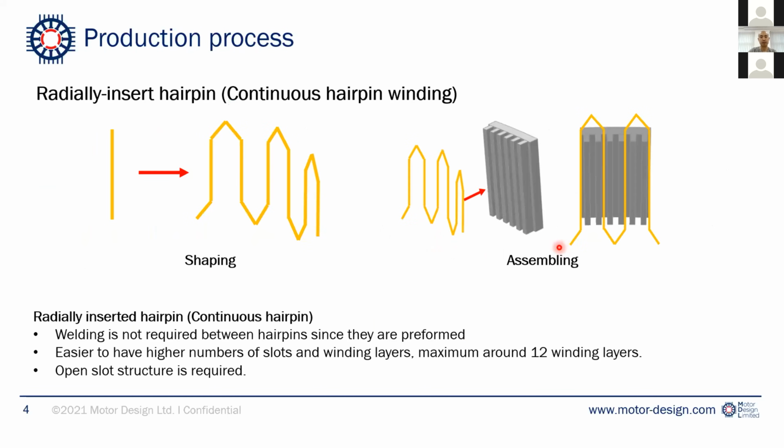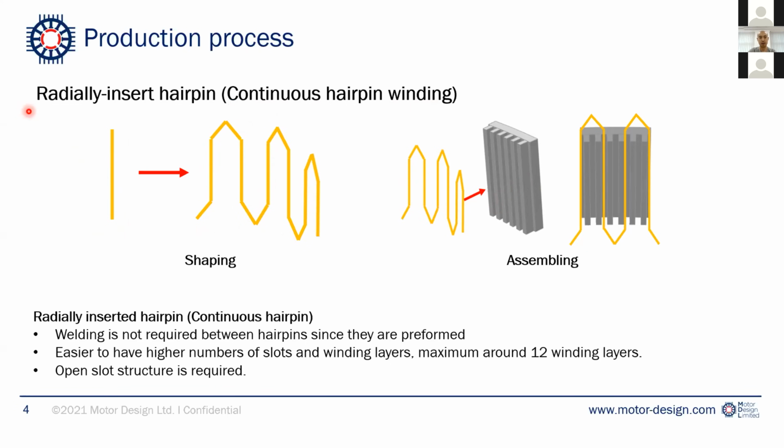Another type of hairpin winding is the radially insert hairpin, also called continuous hairpin winding. It shapes the long copper wire into a whole wave winding, and then we can assemble this whole wave winding into the stator slots through the slot opening, so radially.